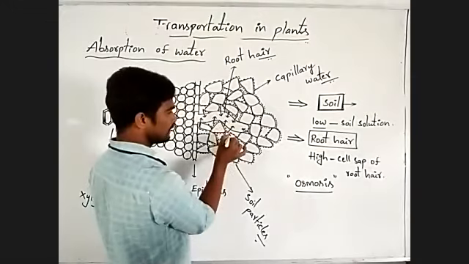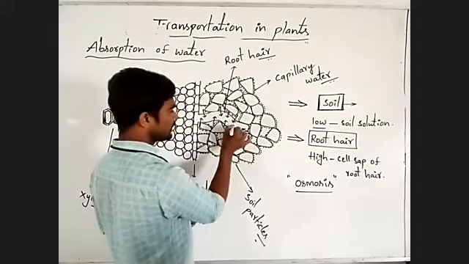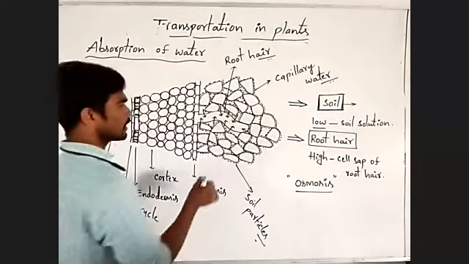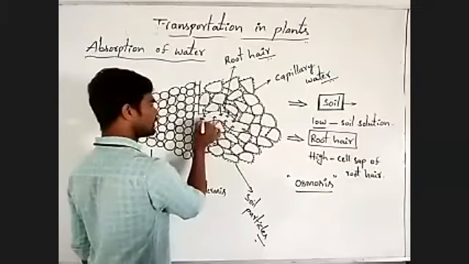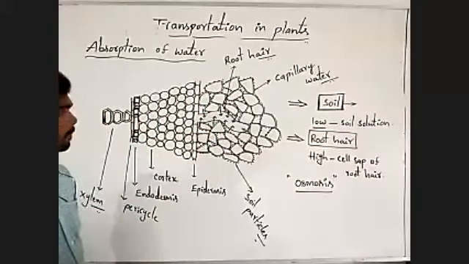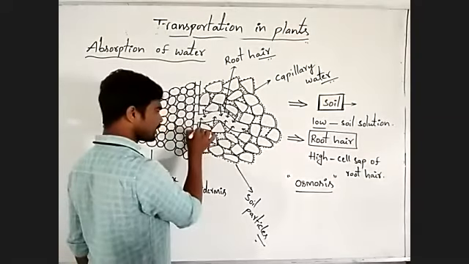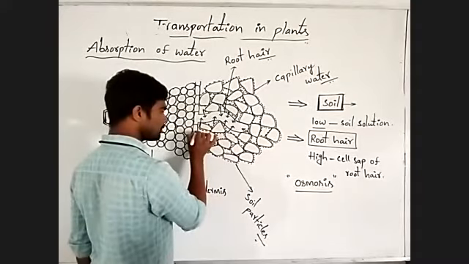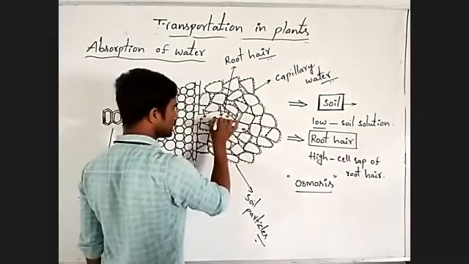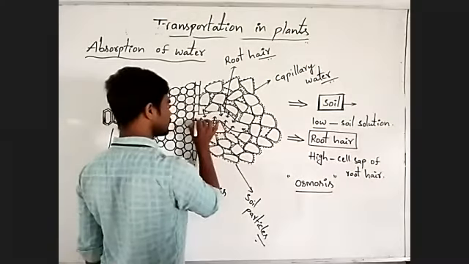After water has entered the root hair, the concentration in the root hair becomes low compared to the other epidermal cells. Now in epidermal cells, concentration is high; in the root hair cell, concentration is low.